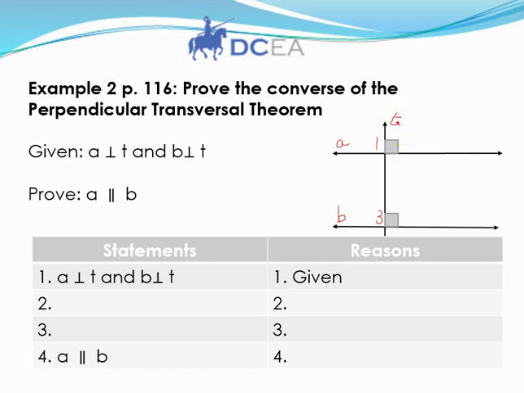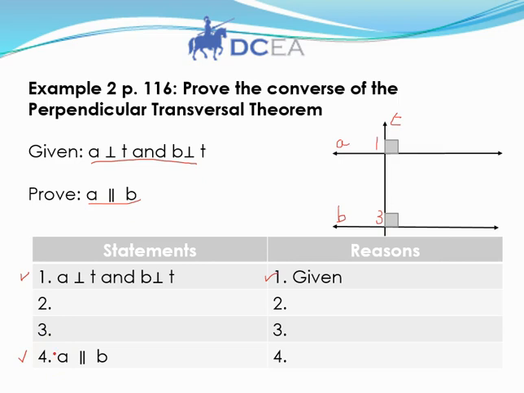There we go. Prove that A is parallel to B. So we have our given, and we move our given down to statement 1, and we have our reason. And we have our prove, and we move that down to the last statement. And let's begin.